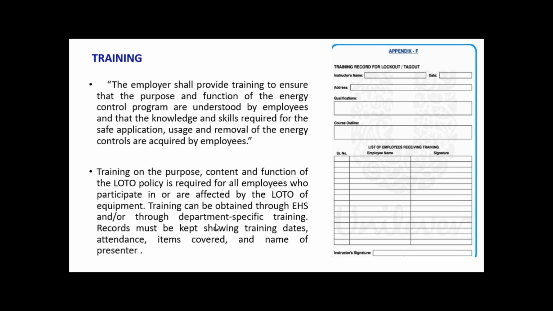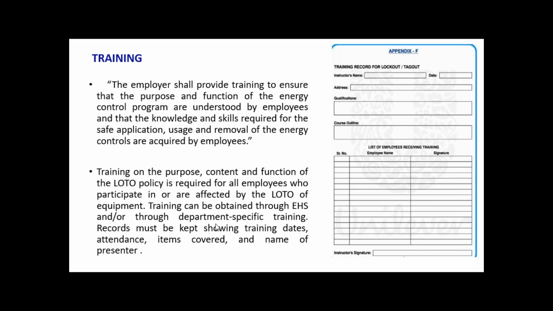So in some of the companies, in the industries, a separate training center or training department is available. In some of the industries, a separate EHS or SHE department is available. In some of the industries, separate safety, separate environment, and separate health departments are also available. So depending on the condition of your industry, you can have the training from that particular or respective department.